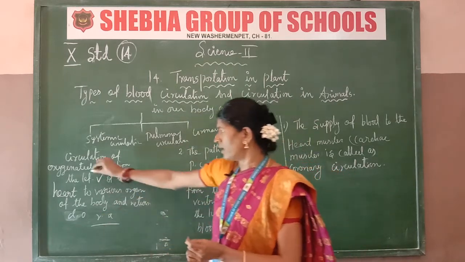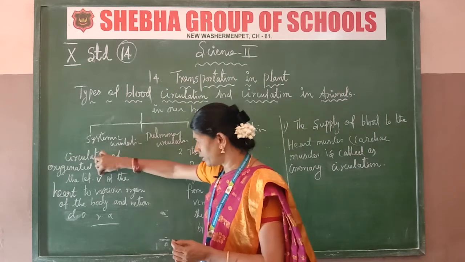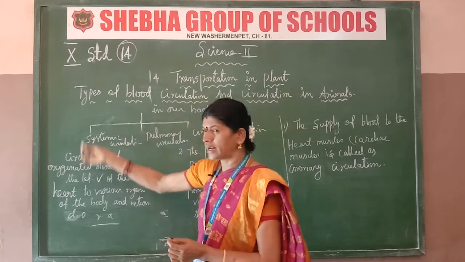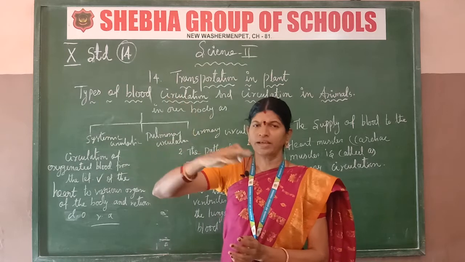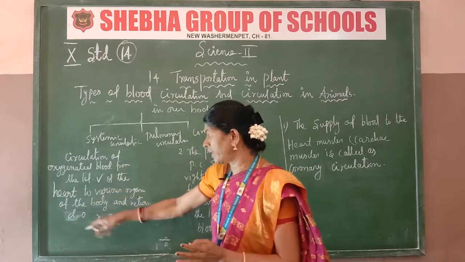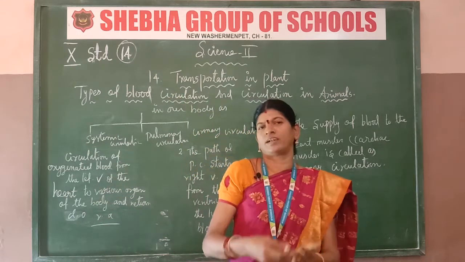It's clear. Oxygenated blood first leaves the left ventricle, goes to the various organs, and then deoxygenated blood returns.